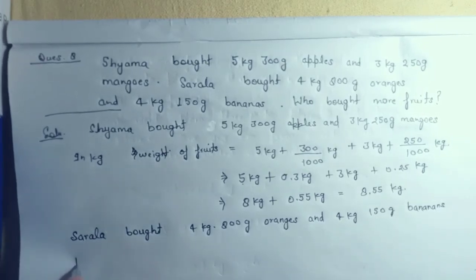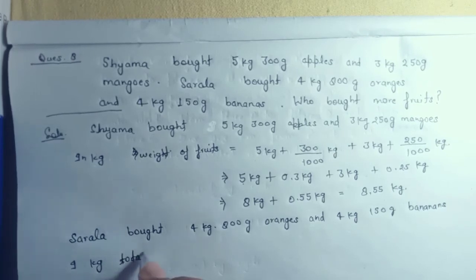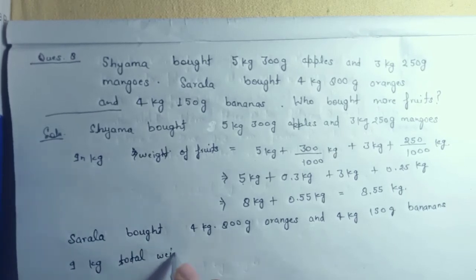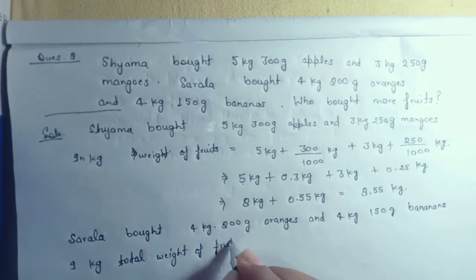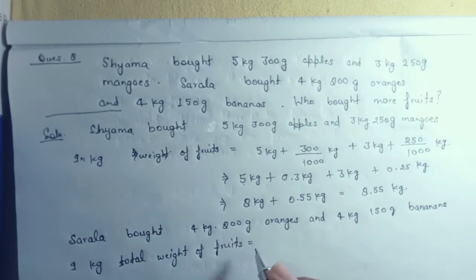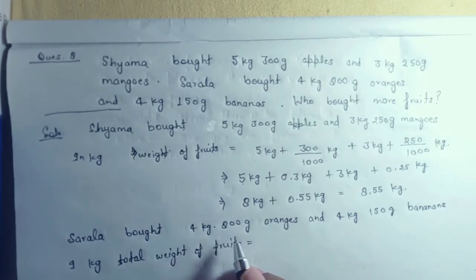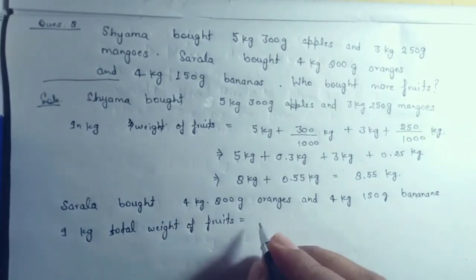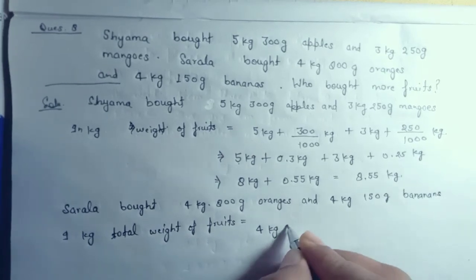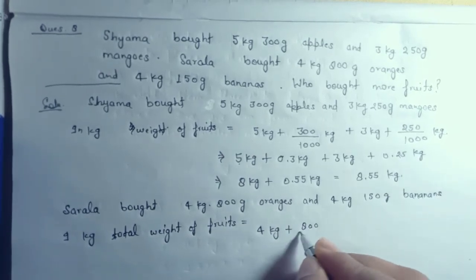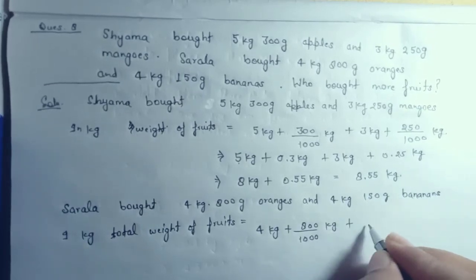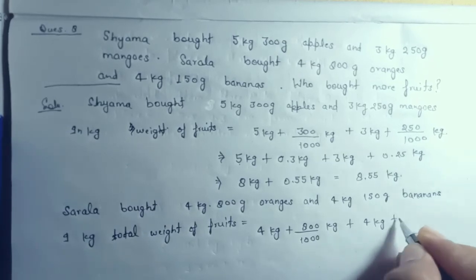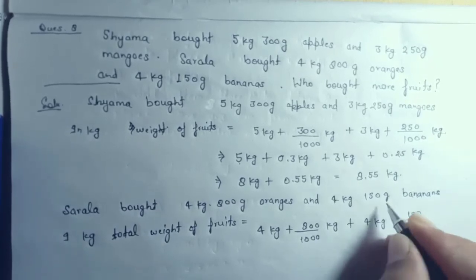Now in kilogram, the total weight of fruits is 4 kilogram and 800 gram can be written as 800 upon 1000 kilogram, plus 4 kilogram, plus 150 upon 1000 kilogram.